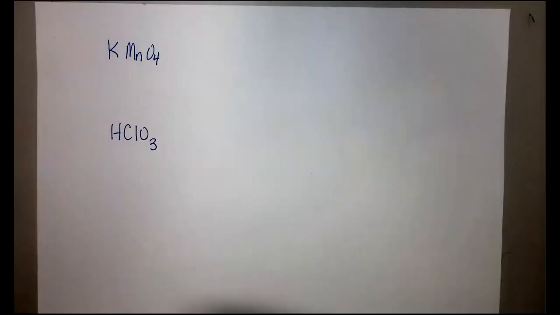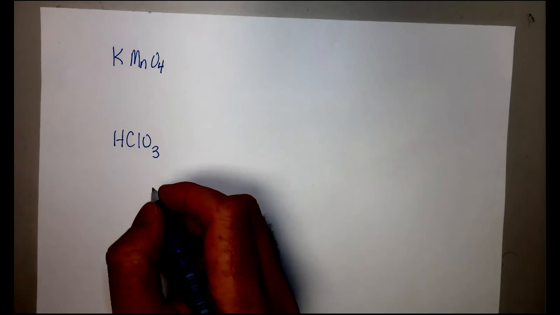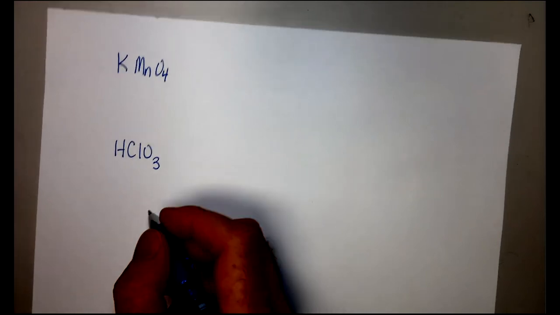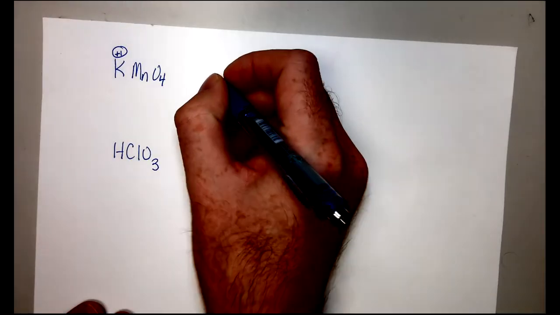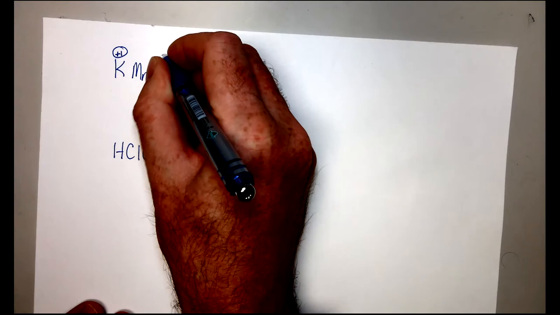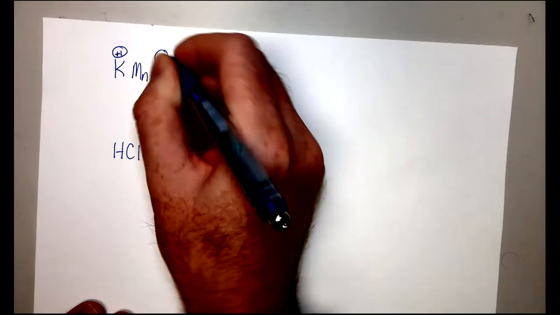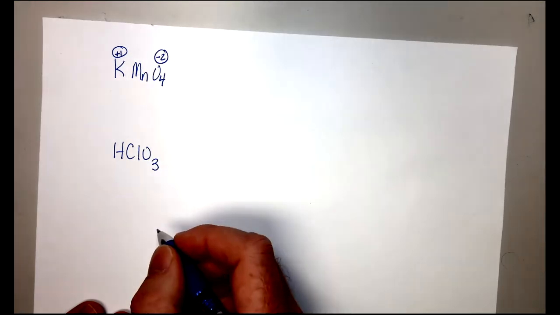And so we have rules. For ionic substances, if it's a monoatomic ion, the oxidation state equals the charge on the ion. Oxygen tends to take the oxidation state of -2 with very few exceptions.